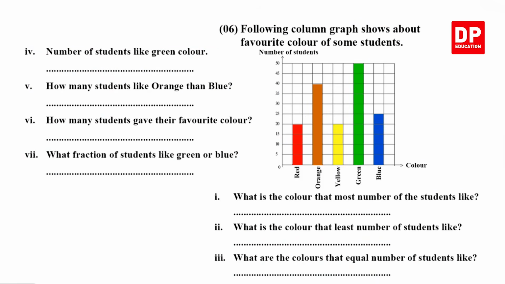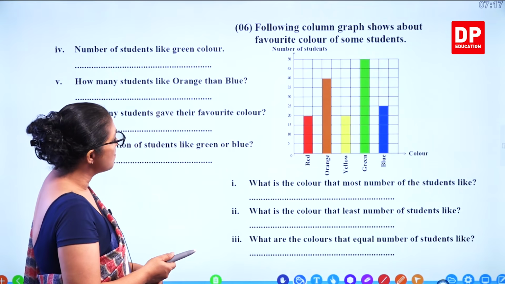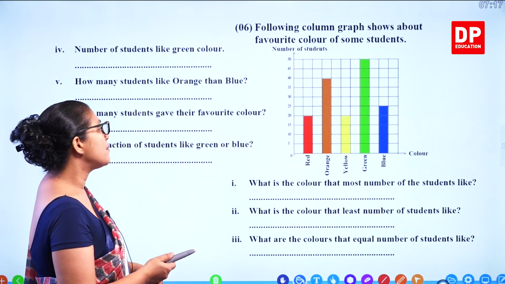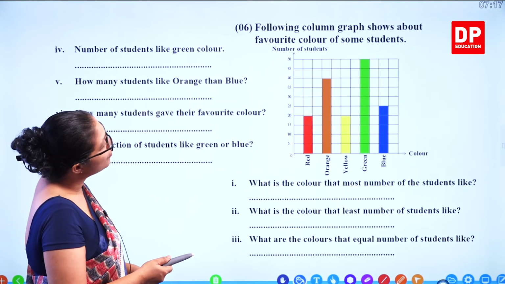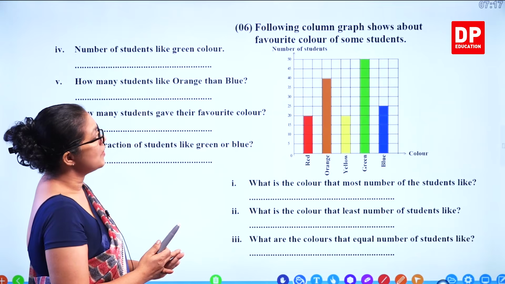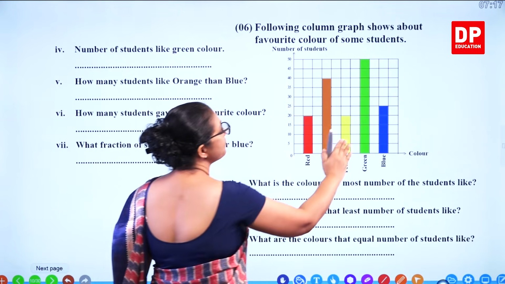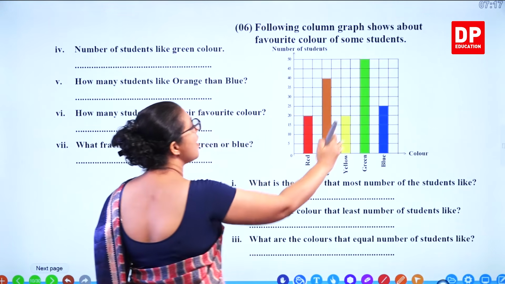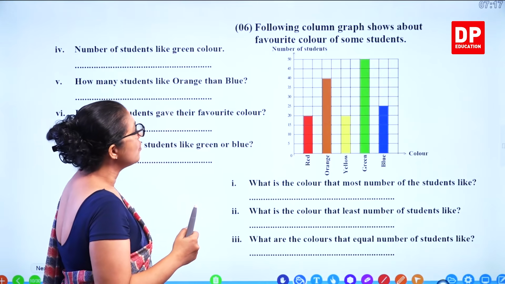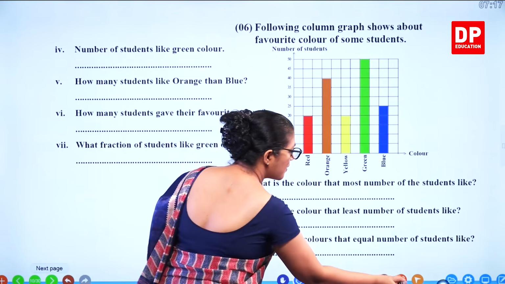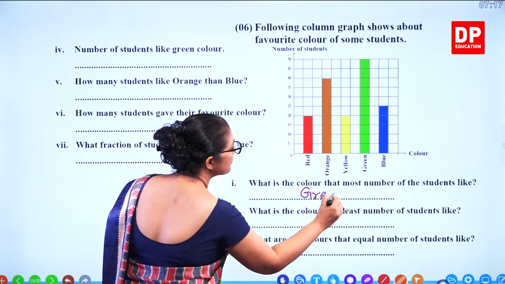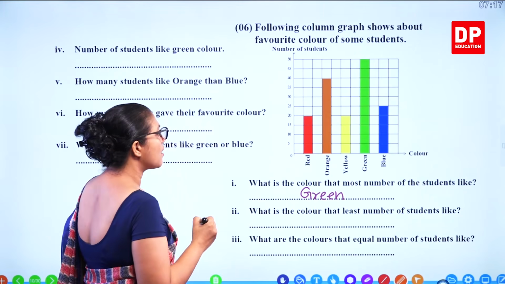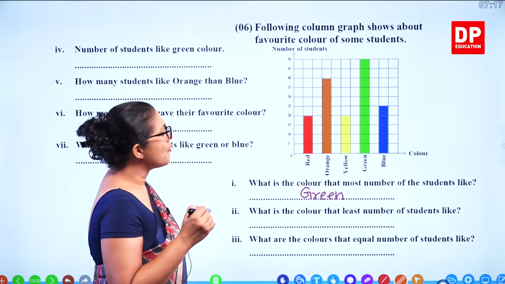Following column graph shows about favorite color of some students. What is the color that most number of students like? When you look at once, we can see green color is the highest one. So, what's the color? Green color. What is the color that least number of students like?